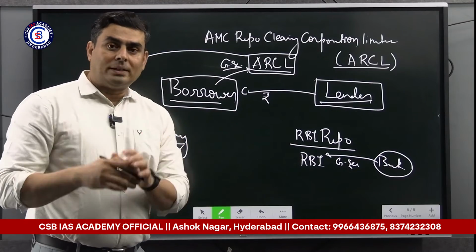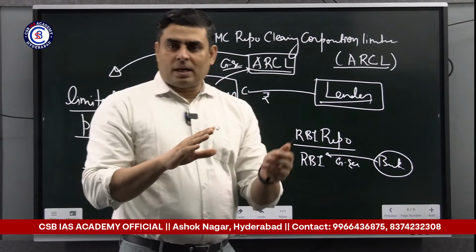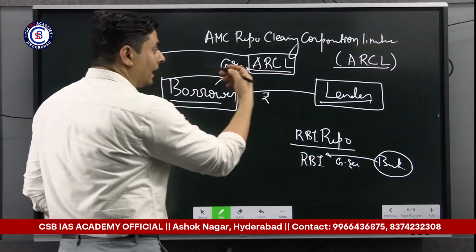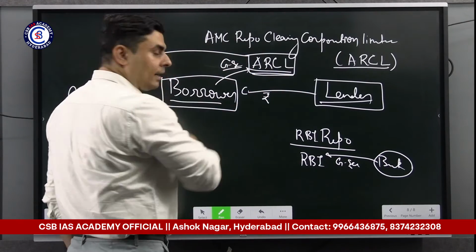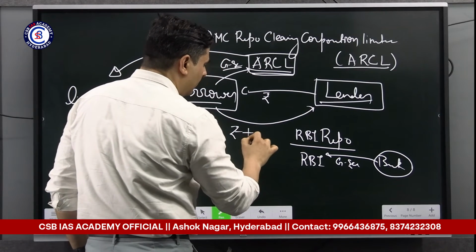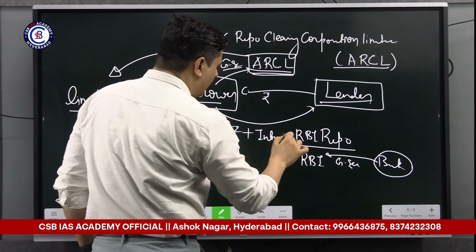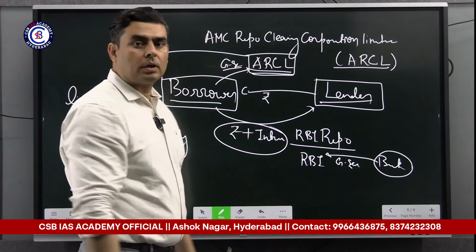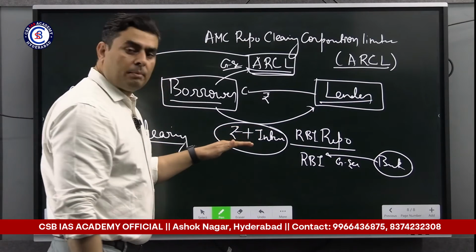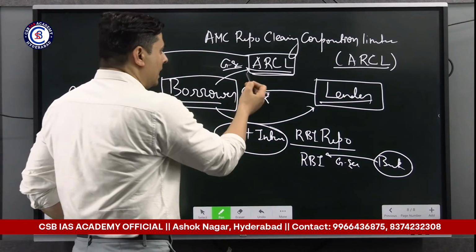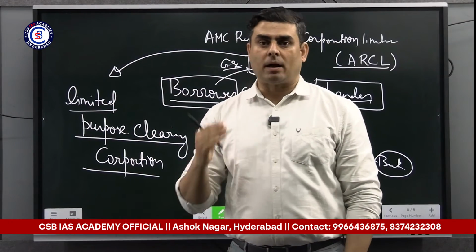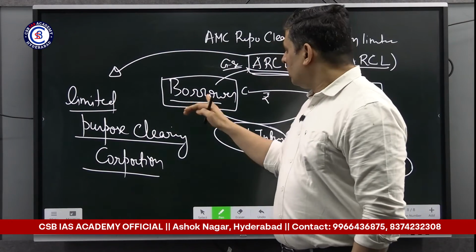Once the maturity is completed, the tenure of lending is completed, ARCL is going to direct the borrower to repay the money plus interest to the lender. And once the lender gets the money back, ARCL will return this government security back to the borrower.